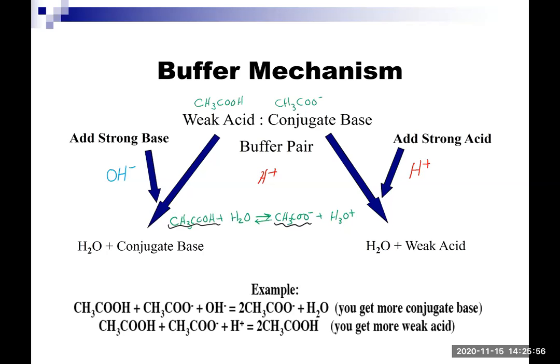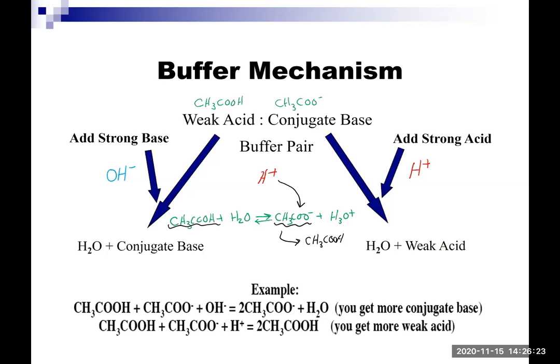And it turns out that the one that's going to react with it is going to be our conjugate base of our buffer pair. It has a negative charge, and that H plus has a positive charge. They will attract one another, and what will we form? What will form is CH3COOH, or more of our weak acid.